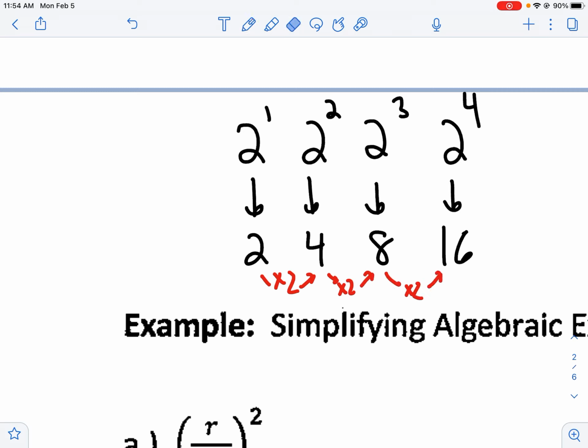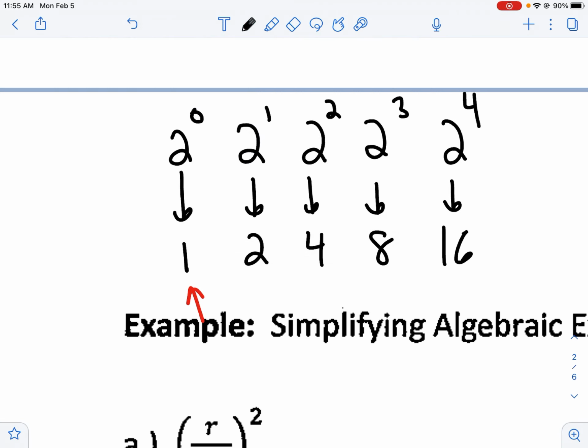Well, what happens when you're going from right to left? Then you're dividing by 2, divided by 2, divided by 2. The pattern has to hold. So when you get to 2 to the 0, you divide by 2.